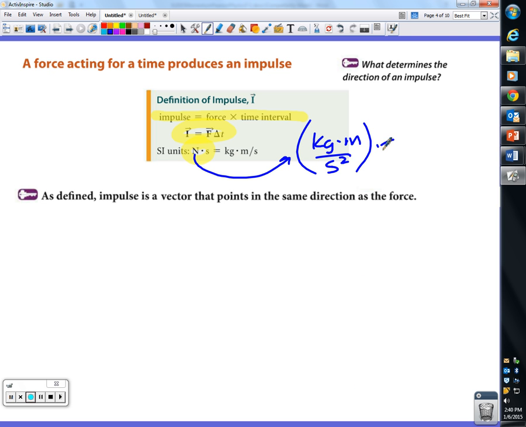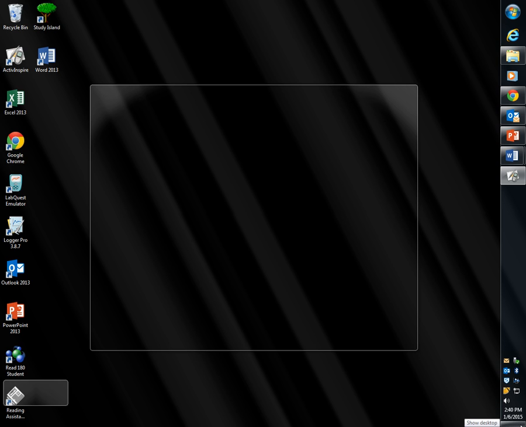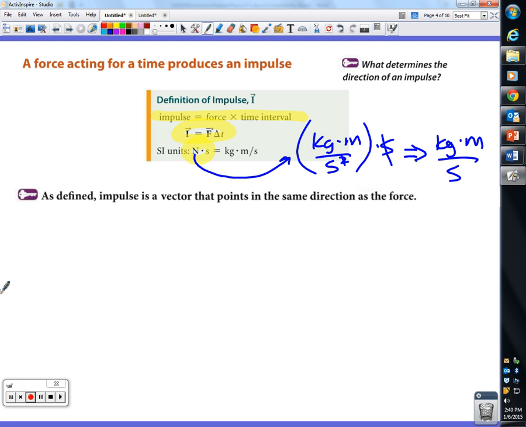If we then multiply that by seconds for the time, one of those seconds cancels, and we're left with kilograms times meters over seconds, which is the same unit that we introduced for momentum yesterday.